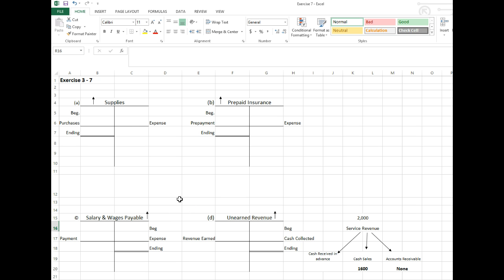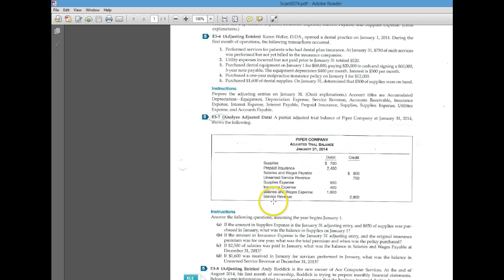So here on this page, for A, let's look at what we know. If we go back to our little problem, we can see that the ending supplies balance is 700, supplies expense is 950, and they also tell us $850 of supplies was purchased in January.